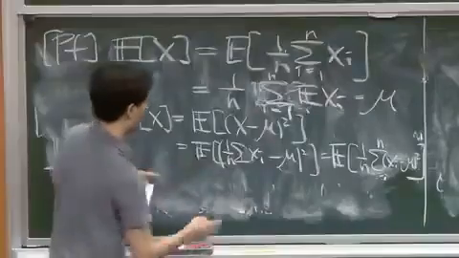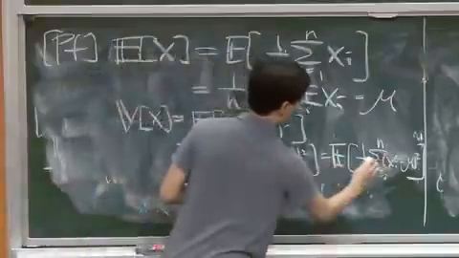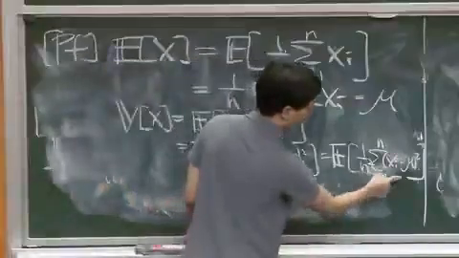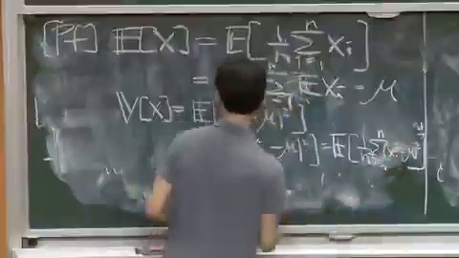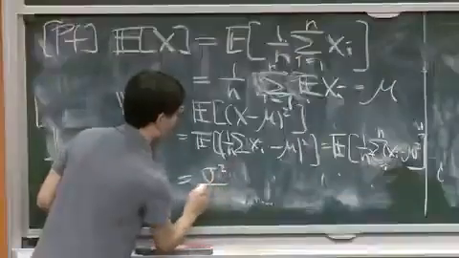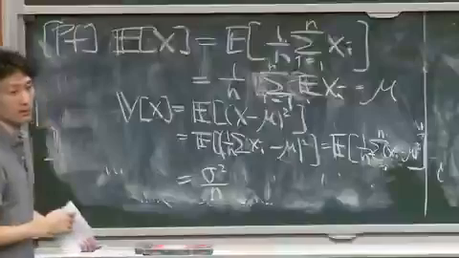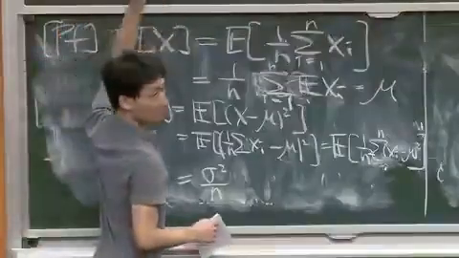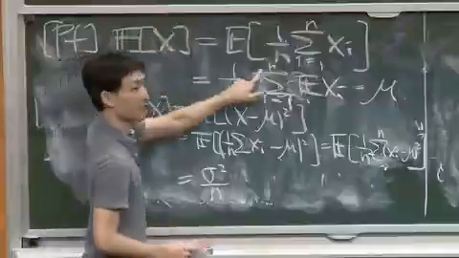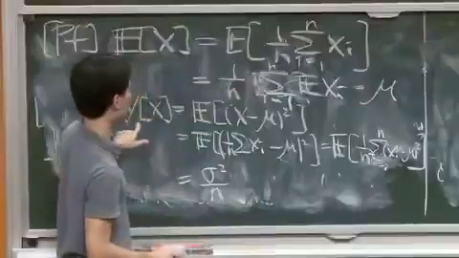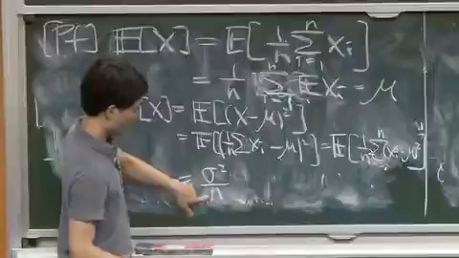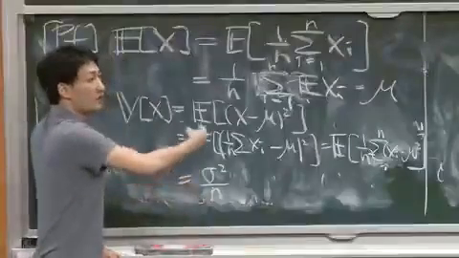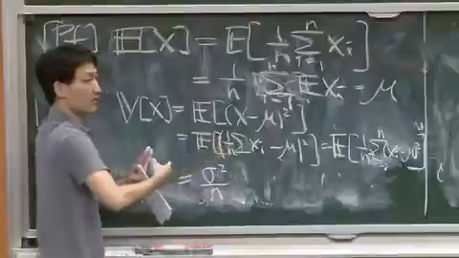What did I do wrong here? 1 over n is inside the square, so if you take it out, it's 1 over n squared. And then you're summing n terms of sigma squared, so that is equal to sigma squared over n. That means the effect of averaging n terms does not affect your average, but it divides your variance by n. So if you take larger and larger n, your variance gets smaller and smaller.